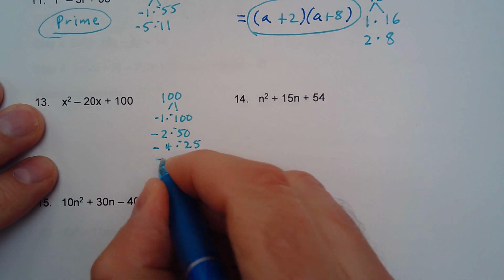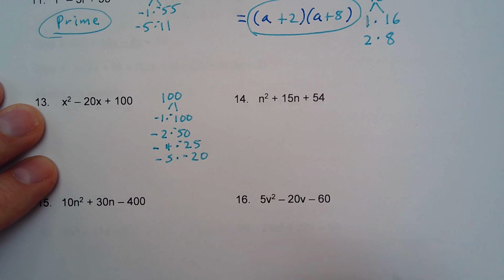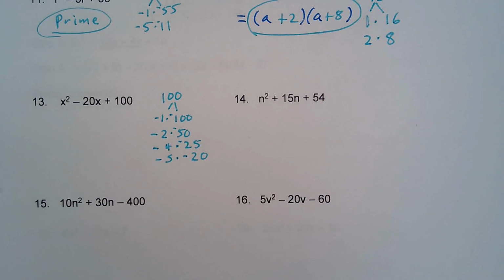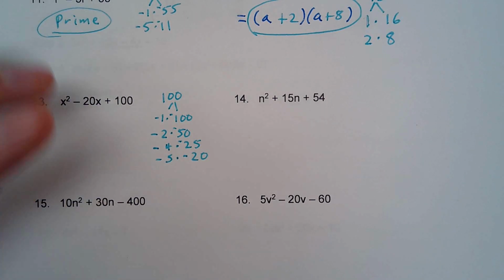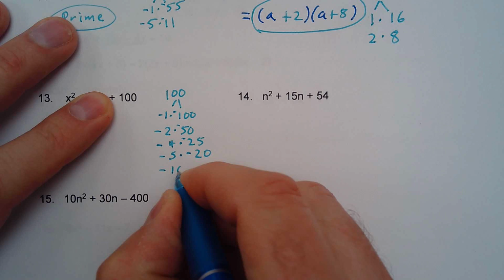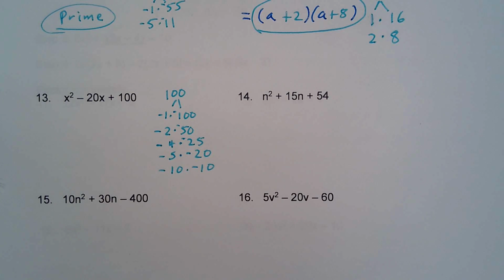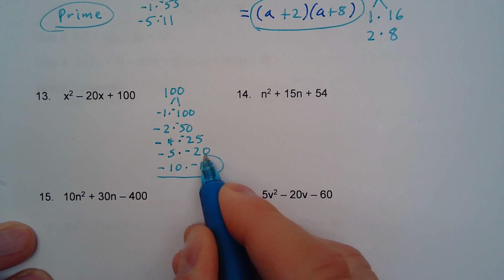Let's try negative 5 and negative 20. That adds up to negative 25, doesn't work. 6 does not go to 100, 7 doesn't, 8 does not, 9 does not. How about 10? And there it is. That adds up to negative 20.